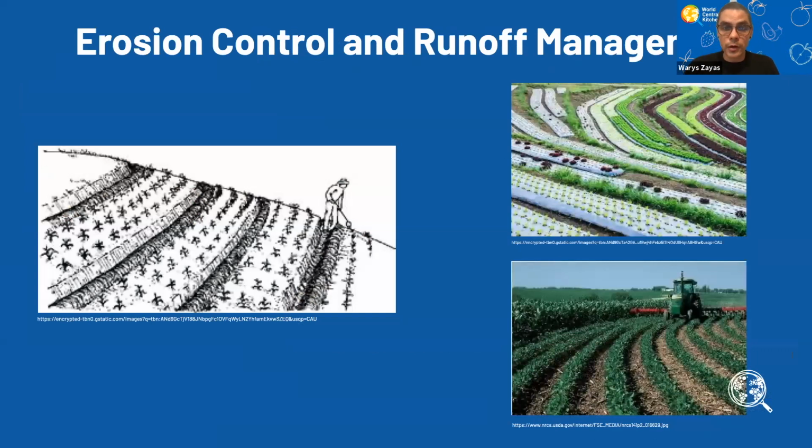conservation technique for your soil is to control the erosion and the runoff. So right now, we will be focusing on erosion control and runoff management. I know that in both the USVI and the Bahamas, the slopes in the farms are not as hard or heavy as we have in Puerto Rico.